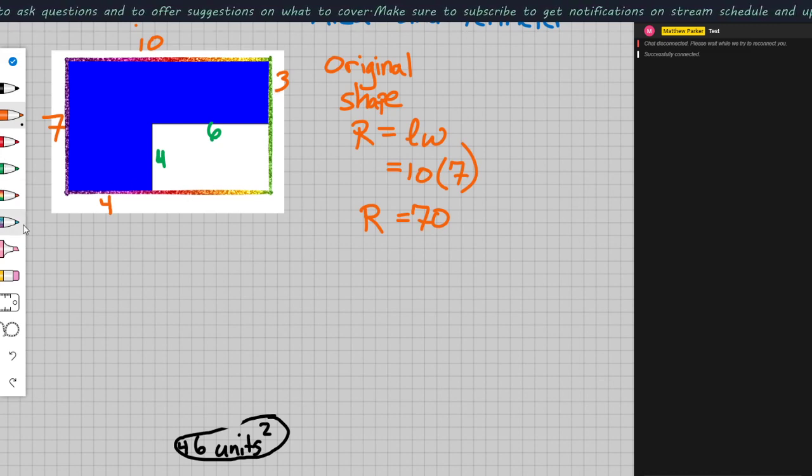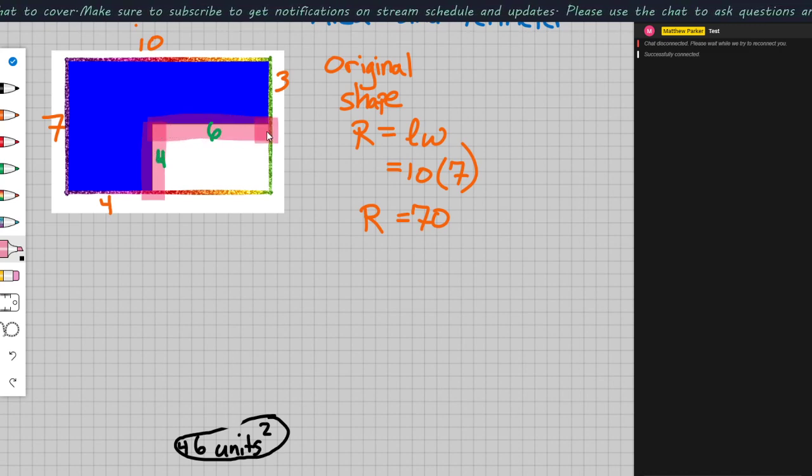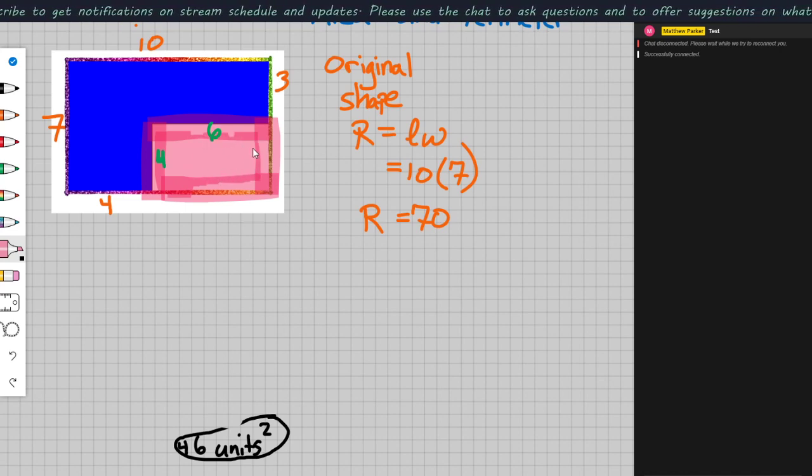Now we're going to take out this little shape. Take out what is missing. So now I have this out. So it's a 4 by 6, and that's still a rectangle too.